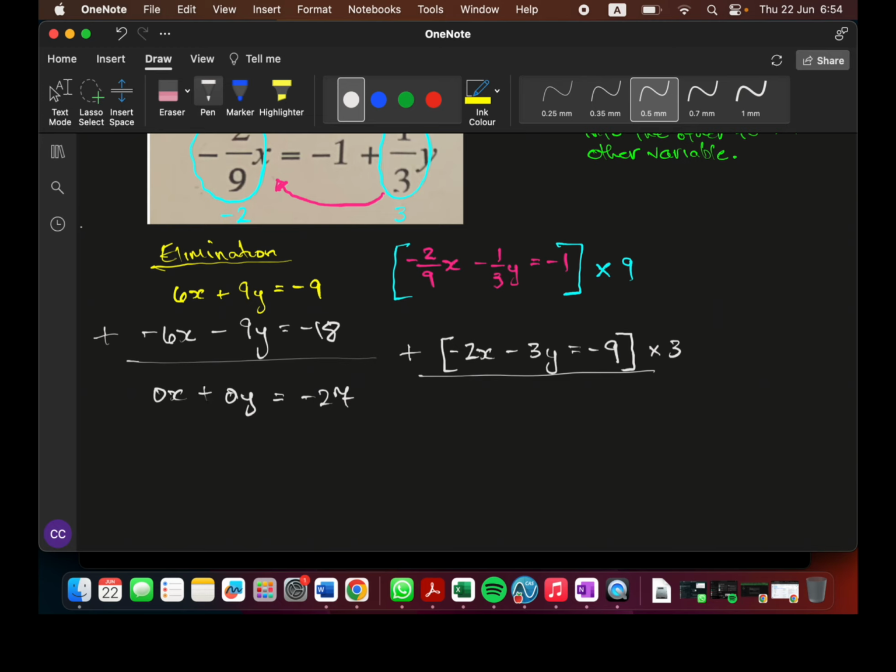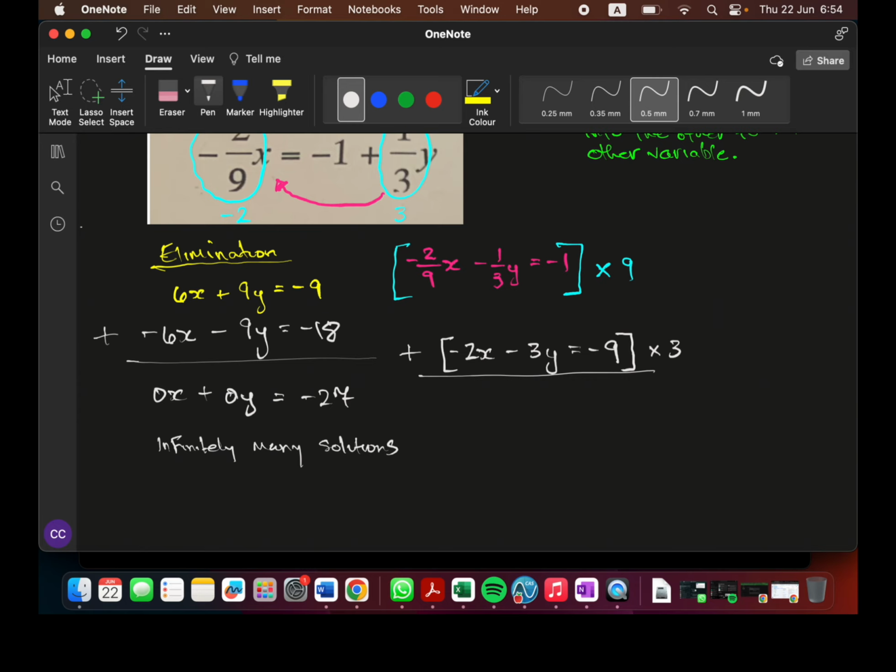So what this means when we have a situation like this is these two lines are lying on top of each other. They are the exact same lines. So because these are the same, there would be infinitely many solutions.